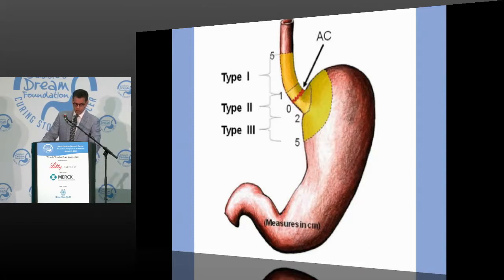Like I mentioned earlier, when the stomach cancer is right at the junction between the esophagus and the stomach, it can be difficult to figure out whether you have to take out the esophagus or the stomach. So when the tumor is more centrally located in the actual esophagus, those patients get their entire esophagus removed with a little bit of stomach.